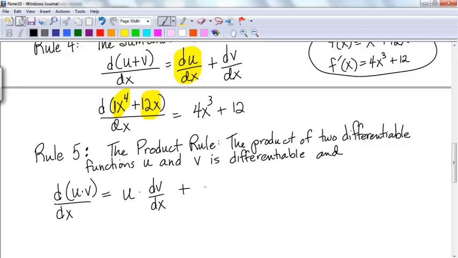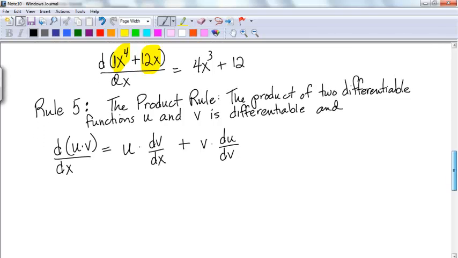Then leave the second quantity the same, v, times the derivative of the first, derivative of u with respect to x. And that is the product rule. I could turn those around because of the commutative property of addition, right? But for a while, try to keep it in that order. The first one stays the same, times the derivative of the second, plus leave the second one the same, times the derivative of the first.